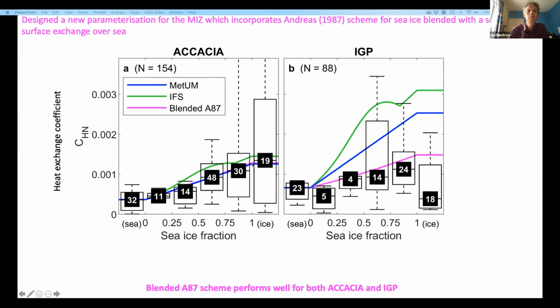In fact, all the schemes match okay for the Acacia data. But in this much rougher IGP data set, you can see that the blended scheme, where we blend the Andreas data in, matches the observations in a pretty reasonable way, whereas the existing model schemes, the blue and the green, really have too much exchange coefficient for this particular field campaign and this data set.